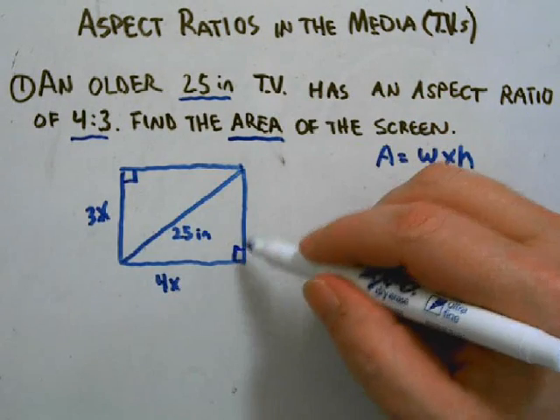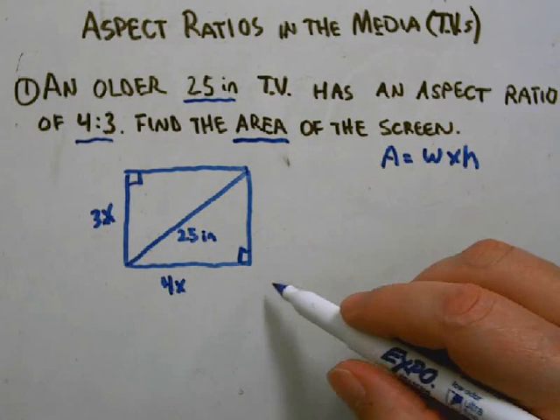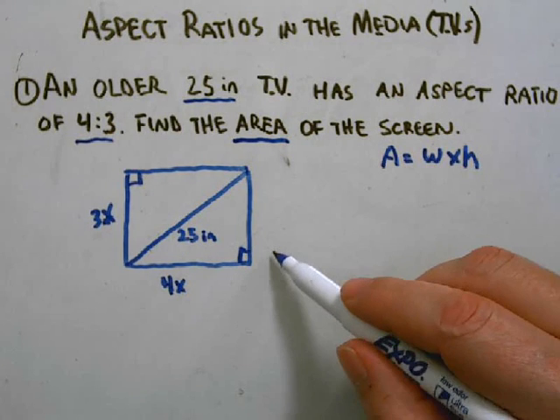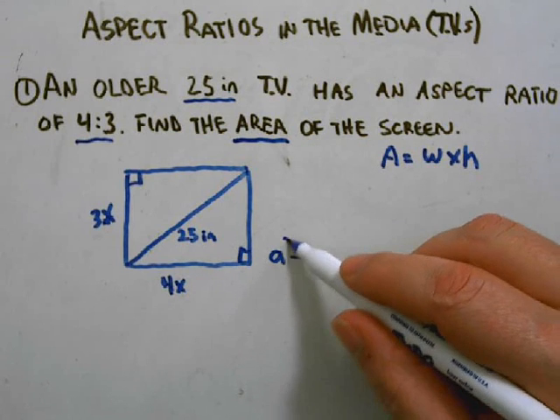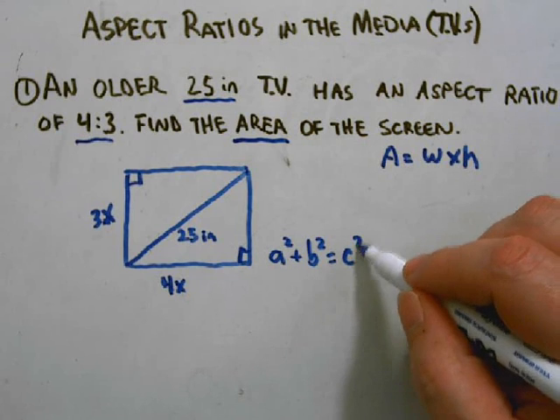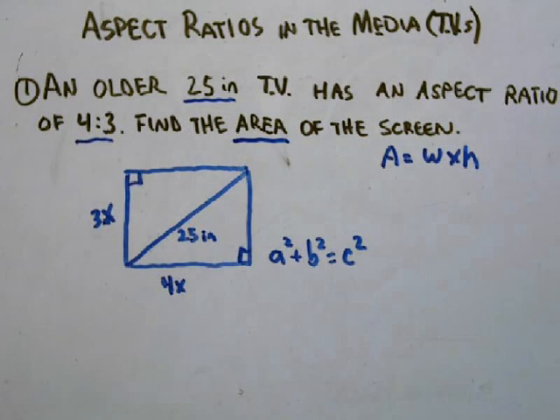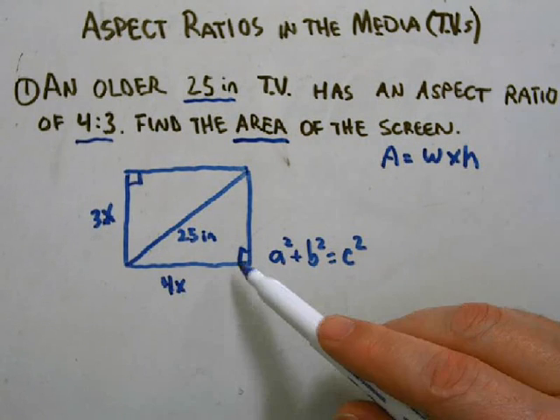So dealing with the diagonal, we're really talking about a right triangle, and the only relationship we have there is the Pythagorean theorem. If you remember from a previous class, a squared plus b squared equals c squared, where c was always the hypotenuse, the side opposite the 90 degree angle.